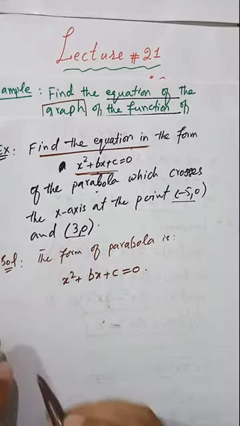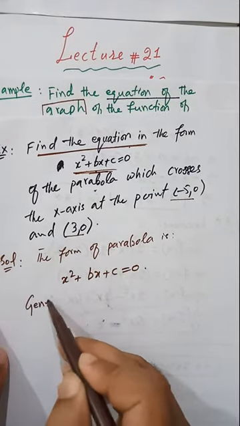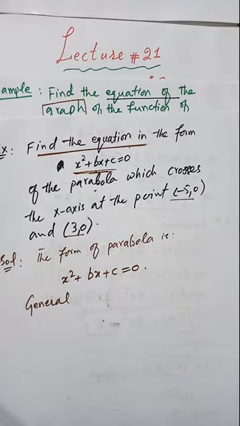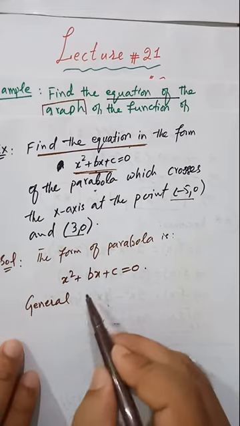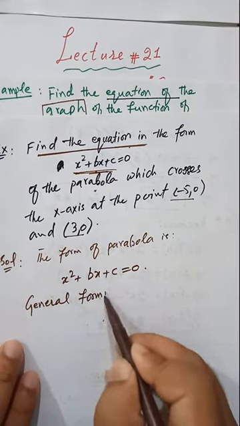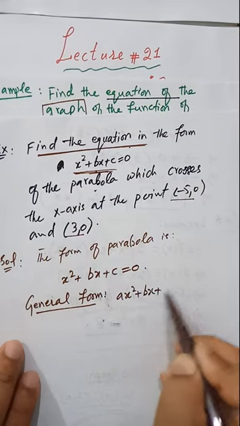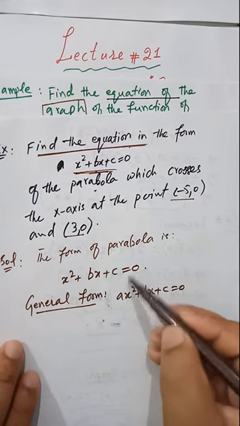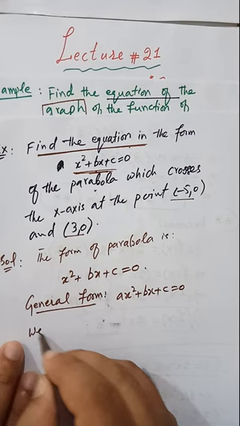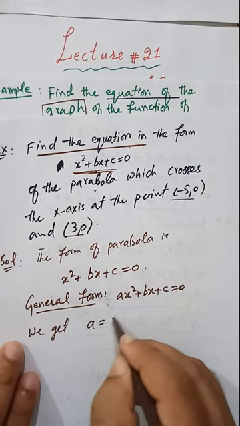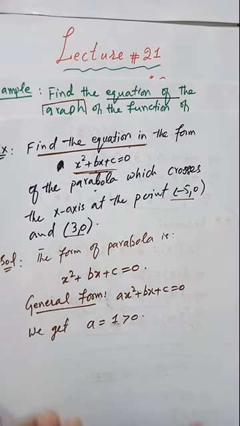And the general form of the quadratic equation is actually the general form of the parabola. So the general form is ax square plus bx plus c equal to 0. So when I compare these two, we get a equal to 1, which is greater than 0. The branches will be open upward.